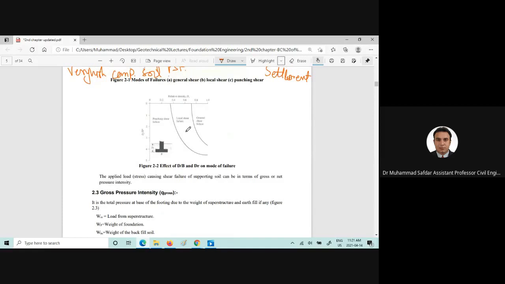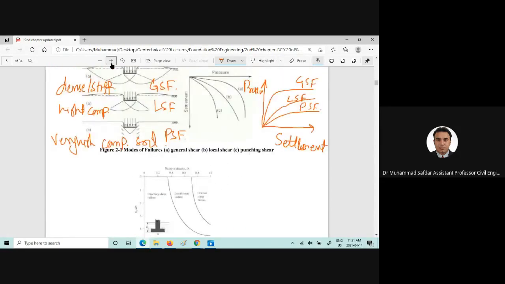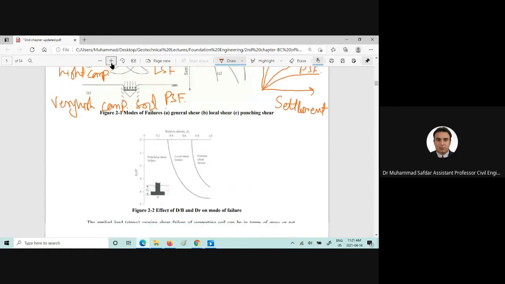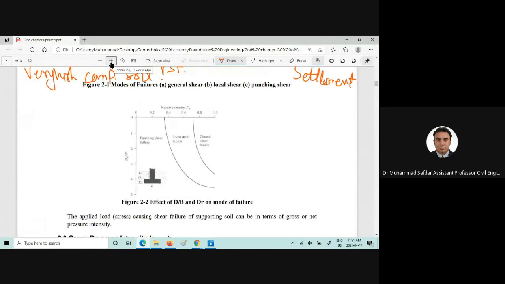Now there is another explanation that was related to cohesive soil. How can we relate the modes of failure with the density or relative density, which is related to cohesionless soils?